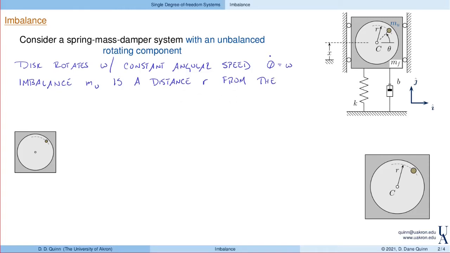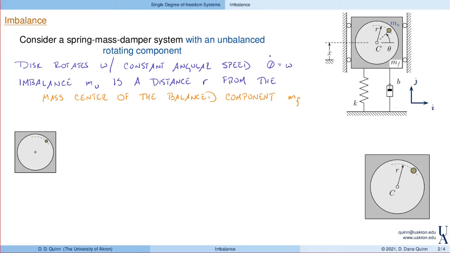And in particular, the center of rotation is assumed to be the mass center of the frame and disk. So we'll say that's the balanced component, and that has mass mf. And again, that center of rotation is at C.